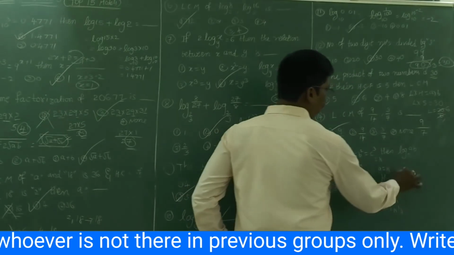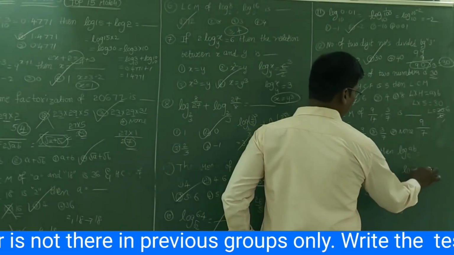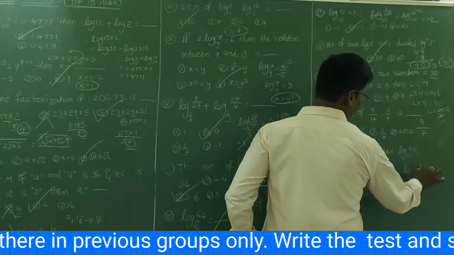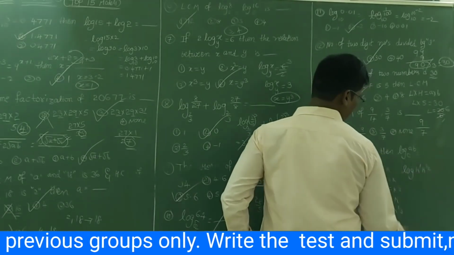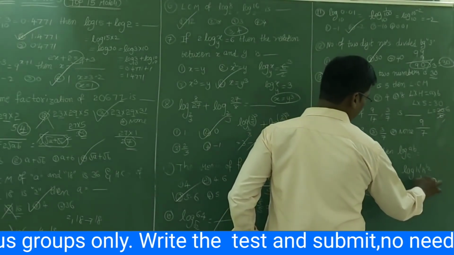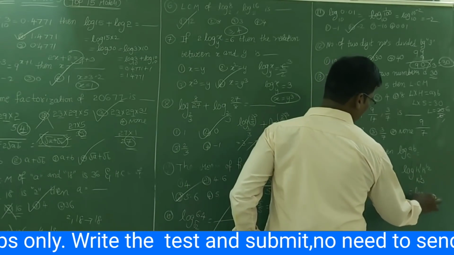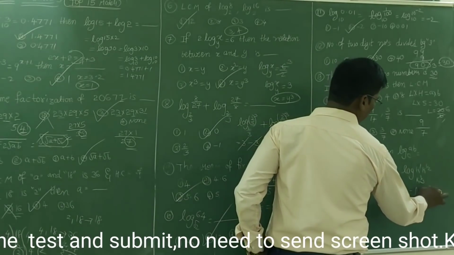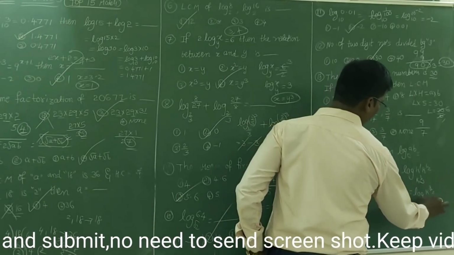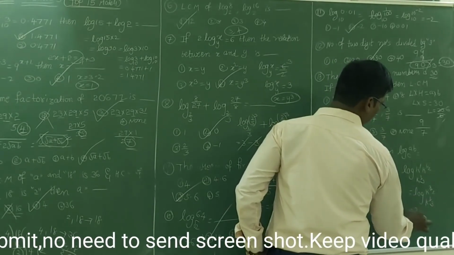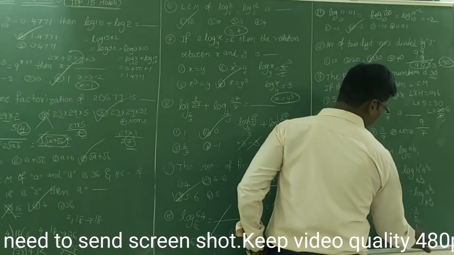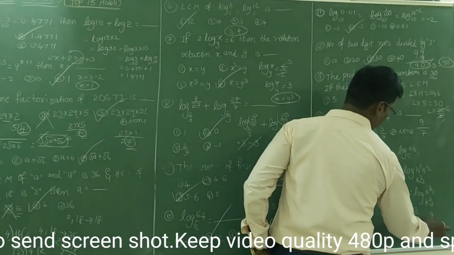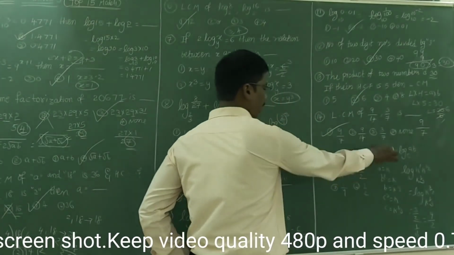Now what they are asking, log AB: the A value is K power 1 and B is K power 1 by 2, so AB is K power 3 by 2, and C is K power 1 by 3. So 3 by 2 divided by 1 by 3. 3 is coming to that side, so 9 by 2 is the answer. So 9 by 2 is the second option.